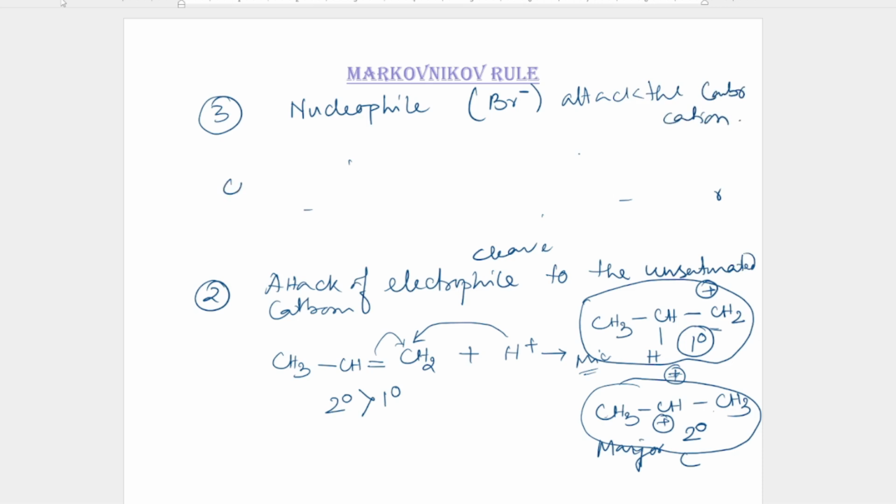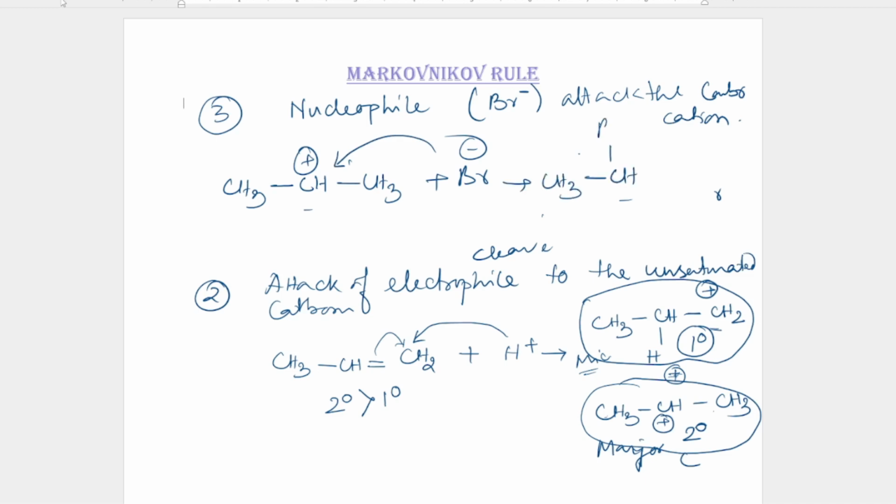That means, as the CH3 carbocation is formed in more quantity, the bromine will attack that carbocation. So what is the product going to form? CH3. So ultimately we can say the negative element of the reagent is going to attach with the carbon atom which has fewer hydrogens. So this will be the product.